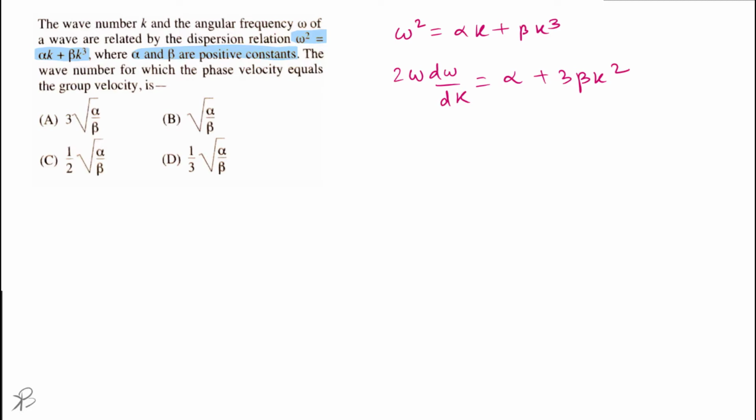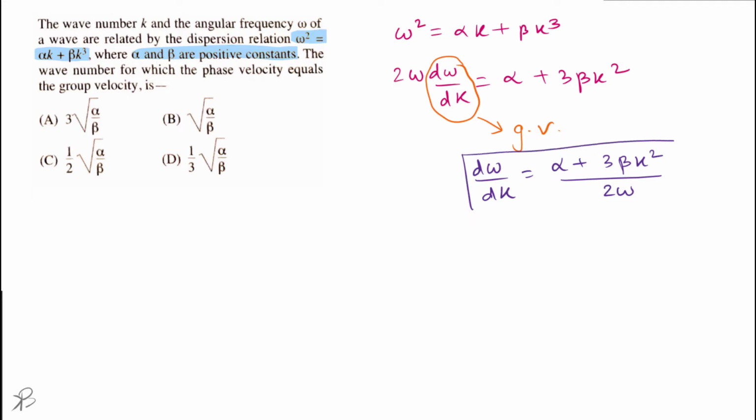Now d omega by dk is our group velocity, right? So we can write d omega by dk is equal to alpha plus 3 beta k square by 2 omega, right? This is d omega by dk.